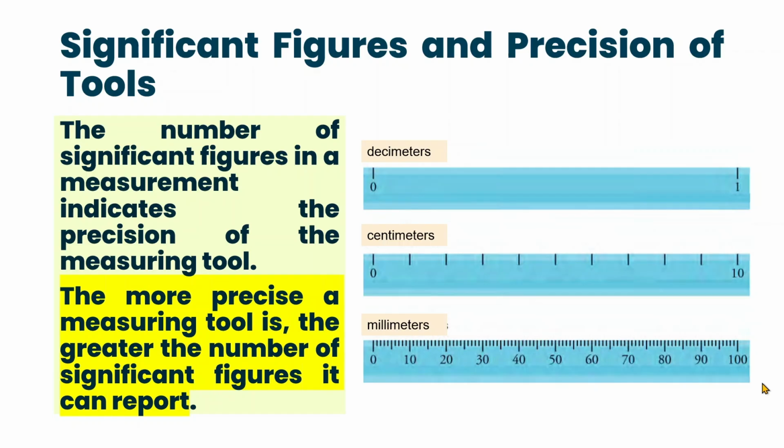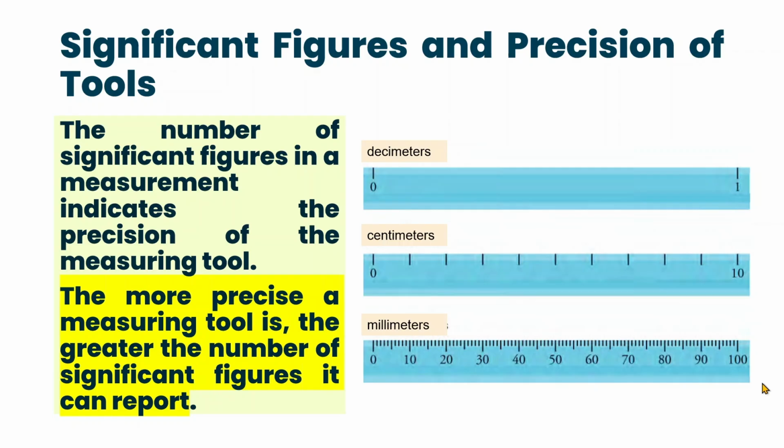So I'm showing you here three rulers. One ruler at top shows you measurements in decimeters, the second in the middle shows you centimeters, and the last shows you millimeters.